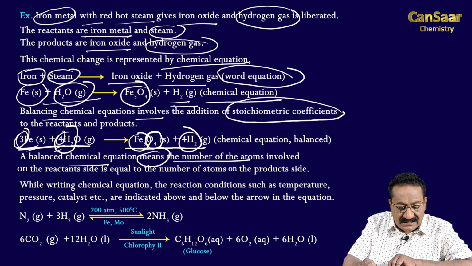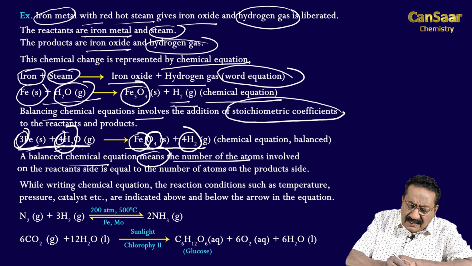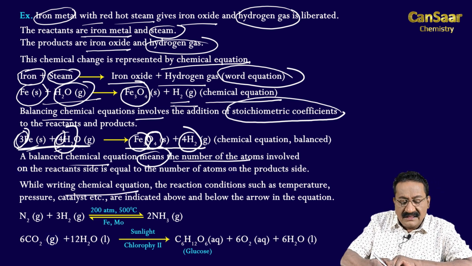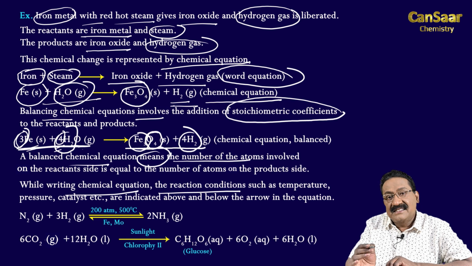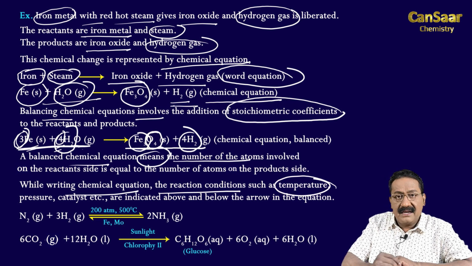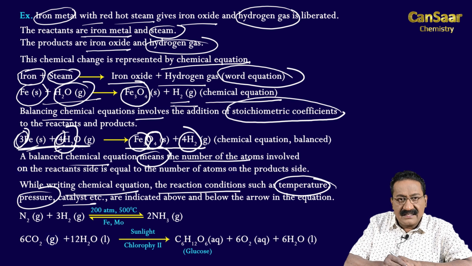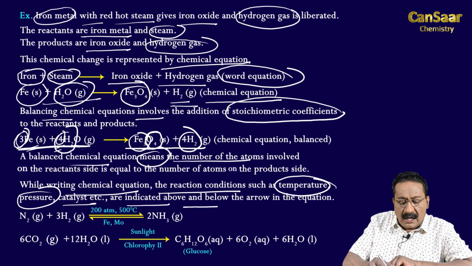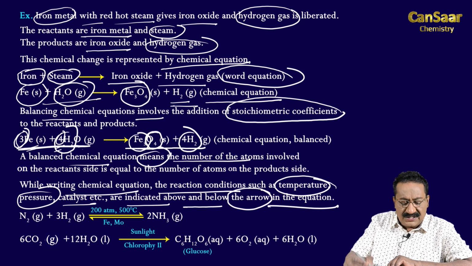Equation is balanced. While writing a chemical equation, the reaction conditions such as temperature, pressure, catalyst, etc. are indicated above and below the arrow in the chemical equation.